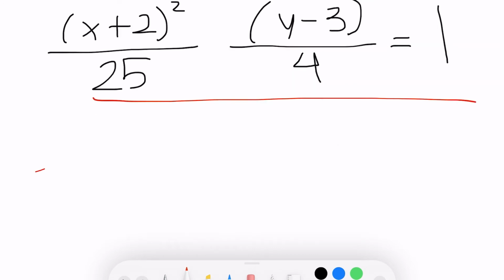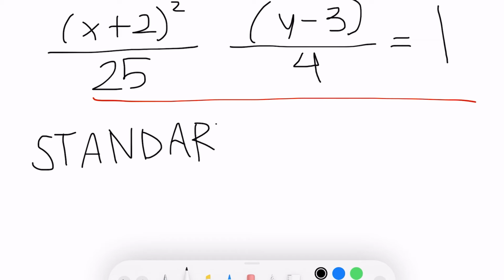So this looks like the standard form of the ellipse, which is what we were trying to figure out this whole time. And I'll show you right now.